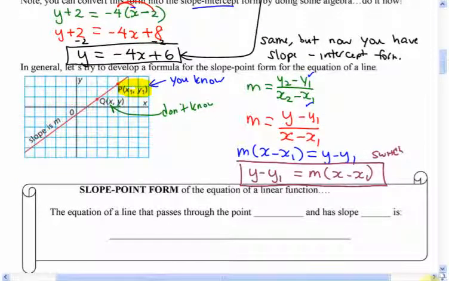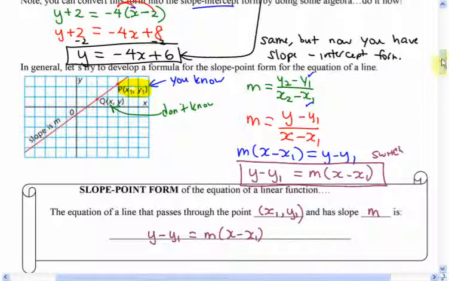The equation of a line that passes through a known point x1, y1, and has a slope equal to a known value m is y minus y sub 1 equals m bracket x minus x sub 1. Get that into your head.